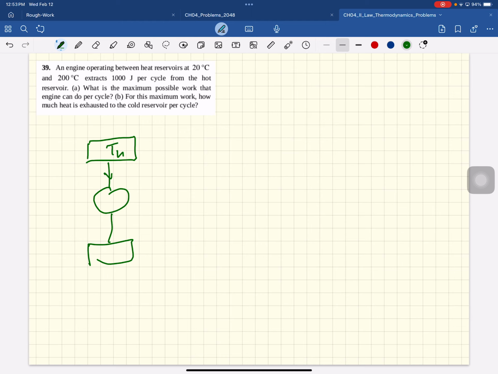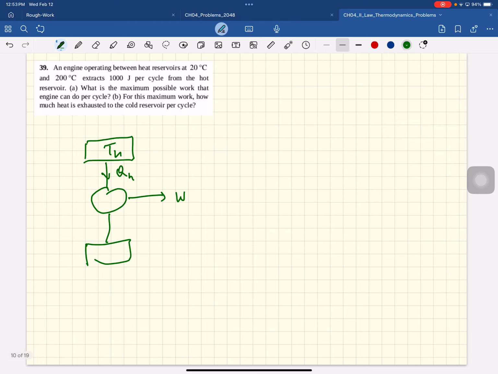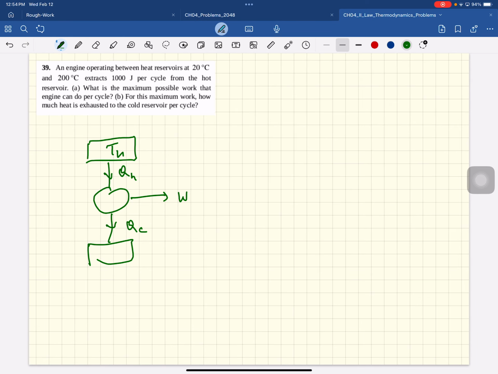Where is the hot reservoir in your car? The cylinders, where the gas is burning. At that temperature, you're extracting heat, and you get some work out of it. In your car, that work shows up as the motion of the car. And then you're dumping the heat that you cannot utilize via the exhaust into the atmosphere.